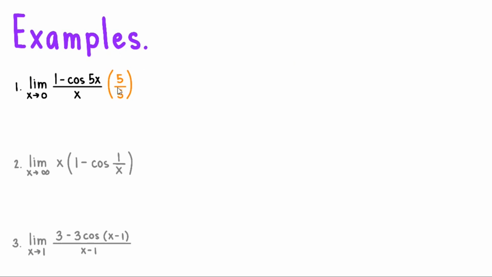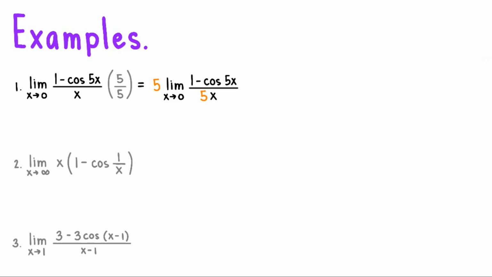So multiplying 5 over 5 will obtain 5 times the limit of 1 minus cosine 5x all over 5x as x approaches 0. So the 5 in the numerator moved out of the limit. We can do that by the algebraic property of limit. And then for the denominator, we moved it and we combined it with the denominator x originally.